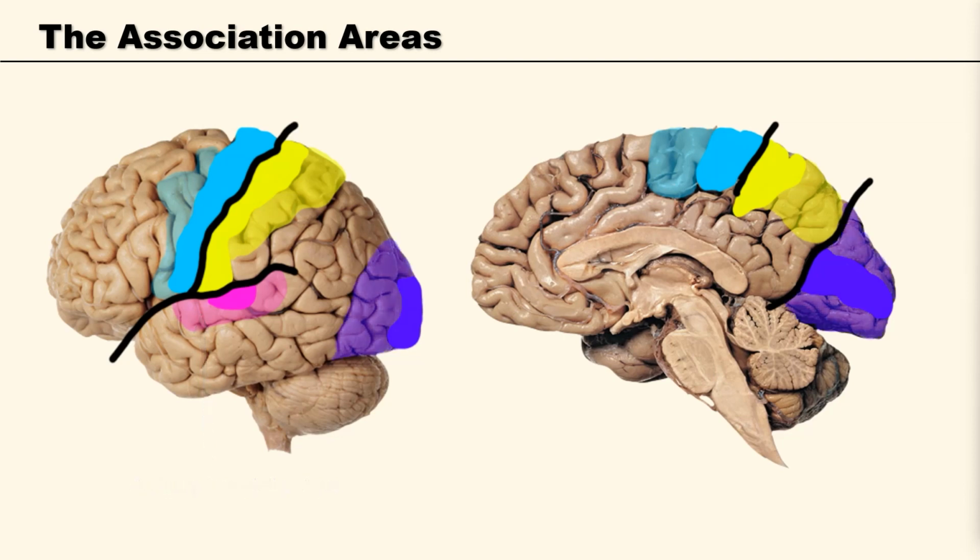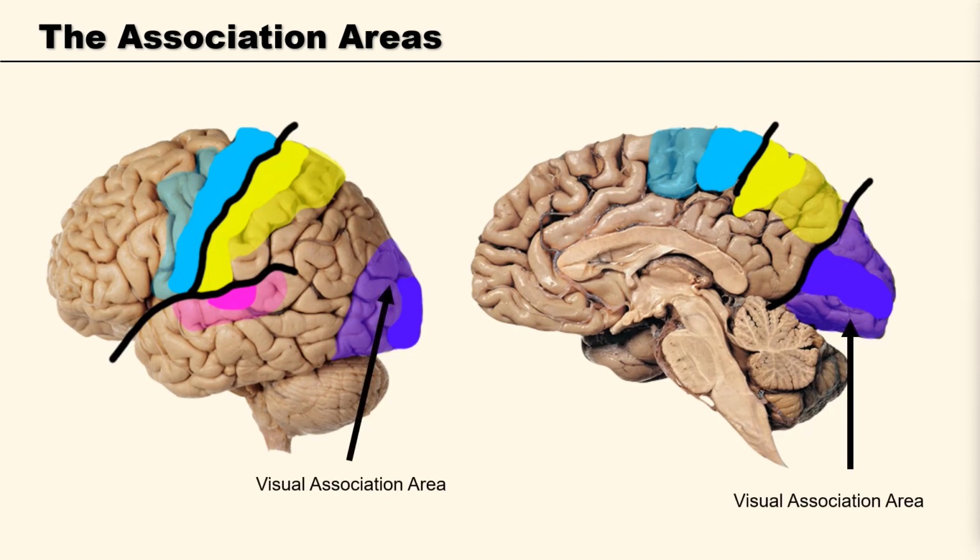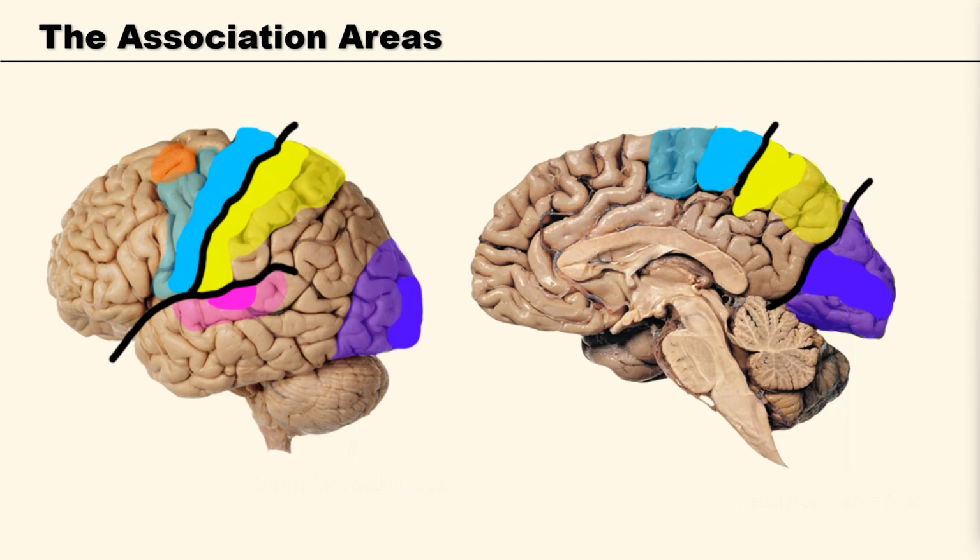The visual association area is found in the pre-striate cortex, around the primary visual cortex. This area is responsible for interpreting shapes and orientation. We also have a second visual association area, up by the premotor cortex. This is called the frontal eye field.